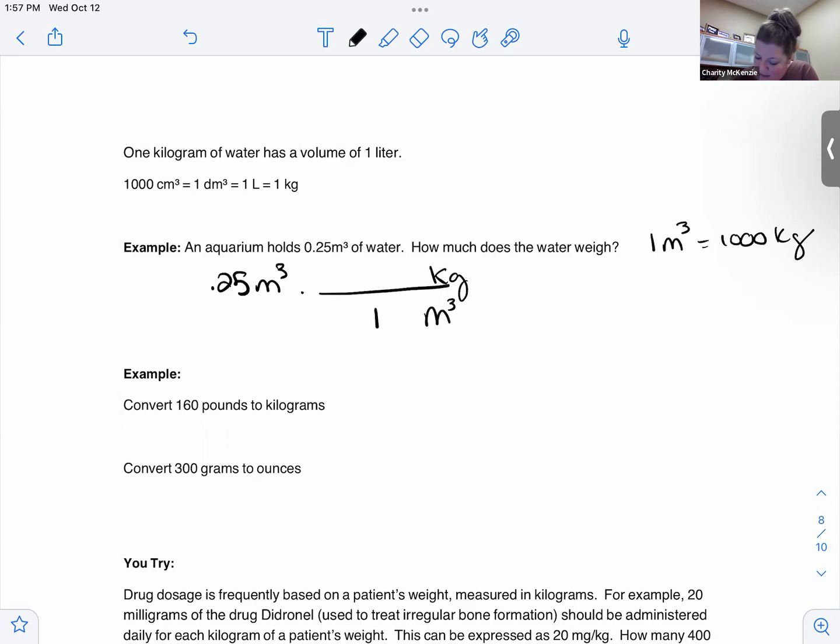So we would have 1 meter cubed is to 1,000 of these. So I could multiply and get 250 kgs, right? Those would cancel. So 250 kilograms. Okay, so that was an example.